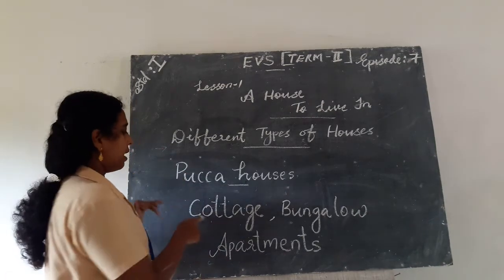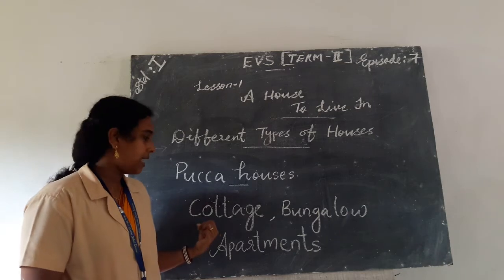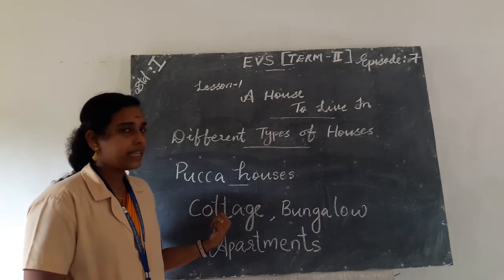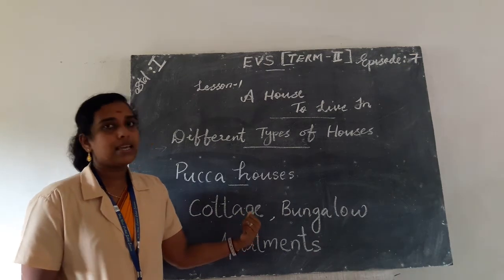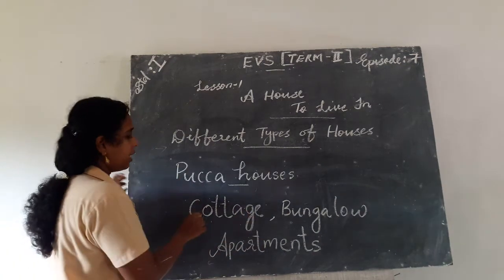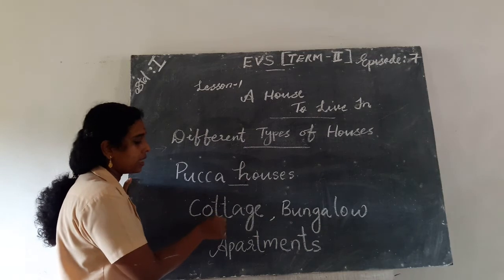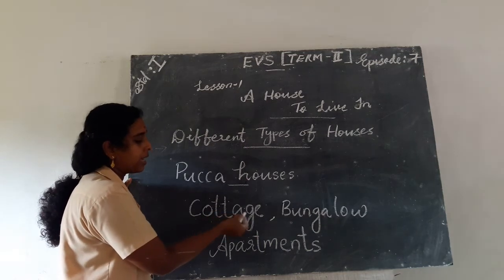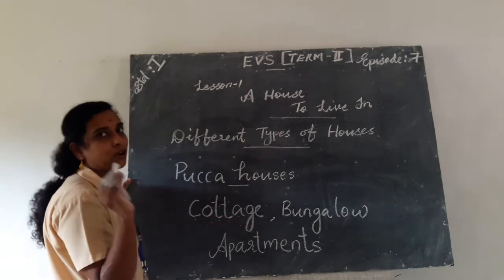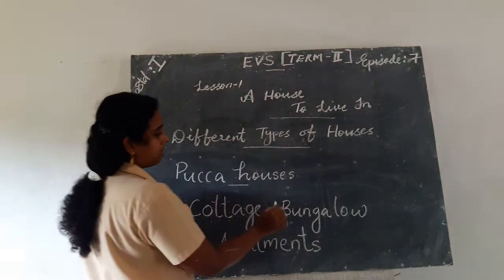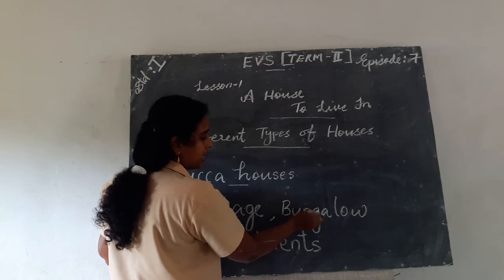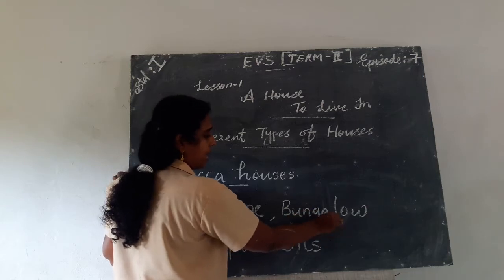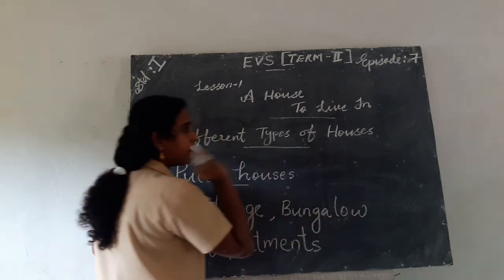Okay. So spelling of cottage, C-O-T-T-A-G-E. Cottage. Then bungalow, B-U-N-G-A-L-O-W.